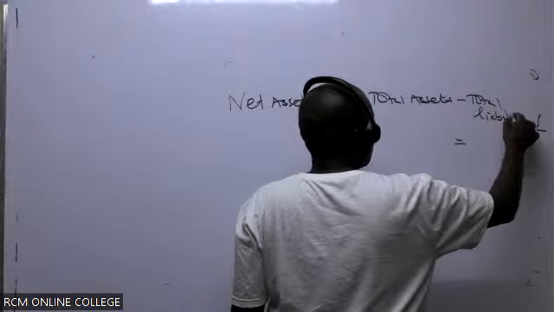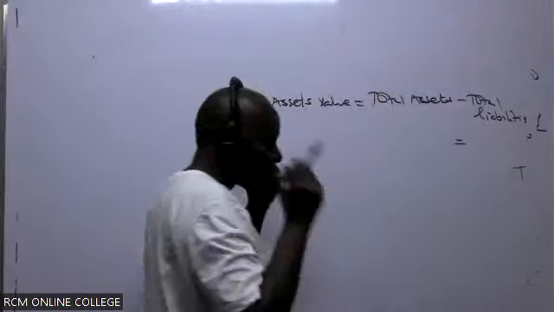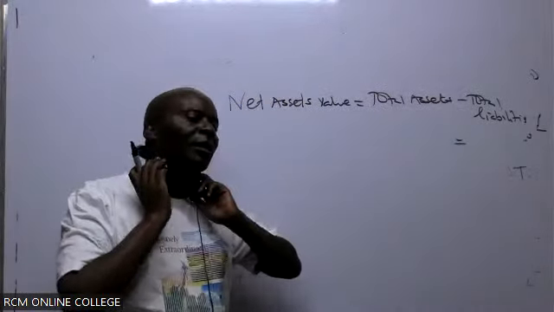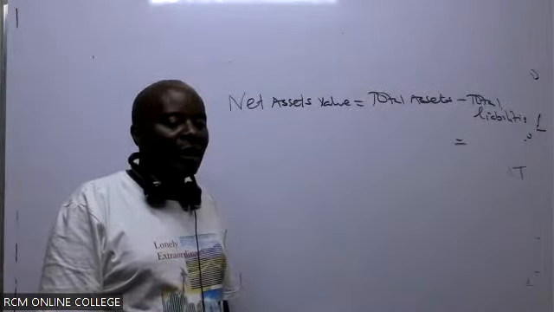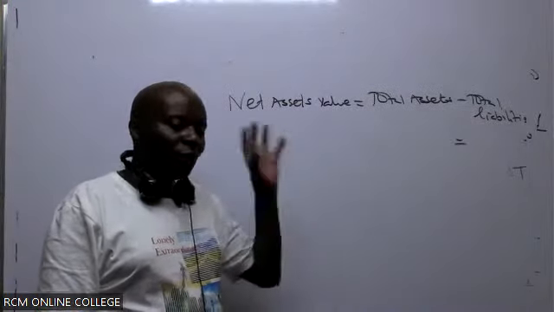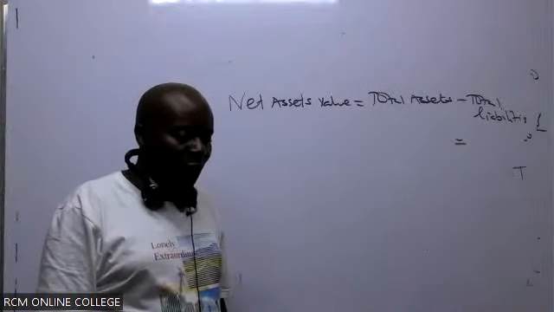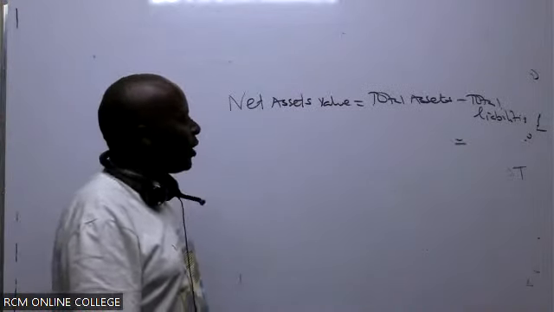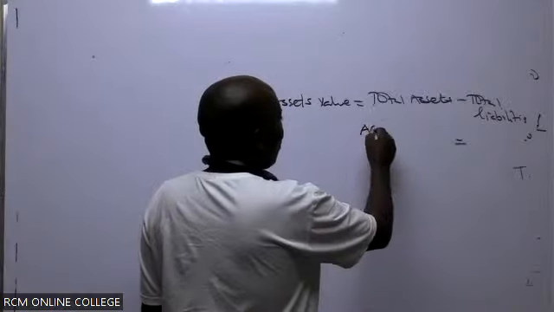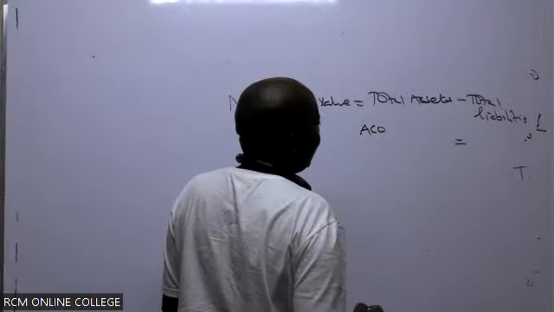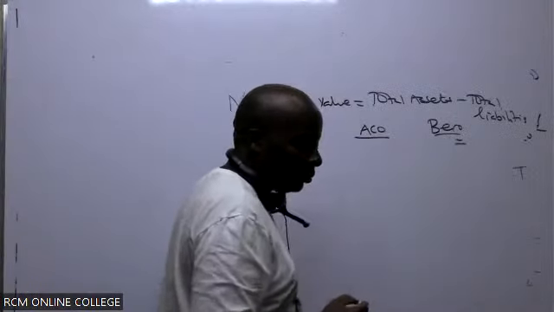I'll show you two methods here. Total assets minus total liabilities. Net assets basically are the equities of the company. Like now here we have two companies: ACO, and in this case Bero.